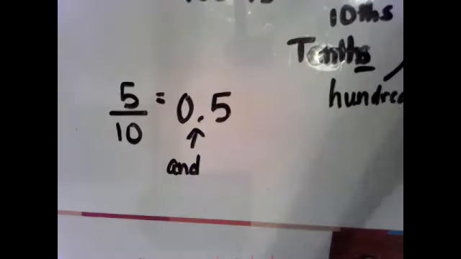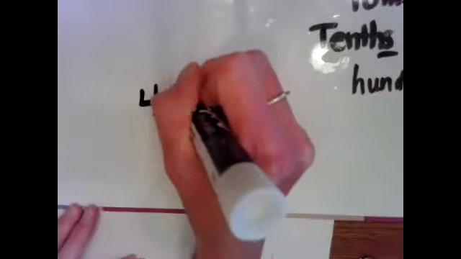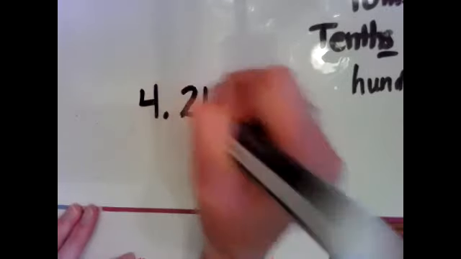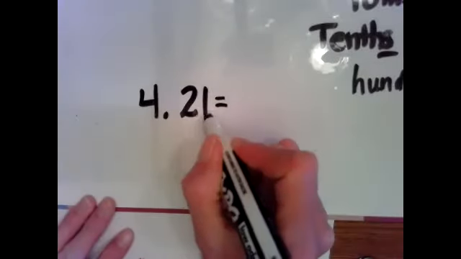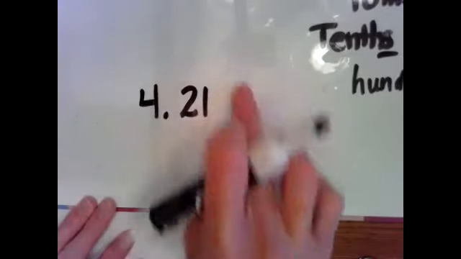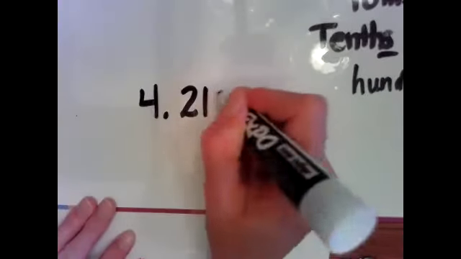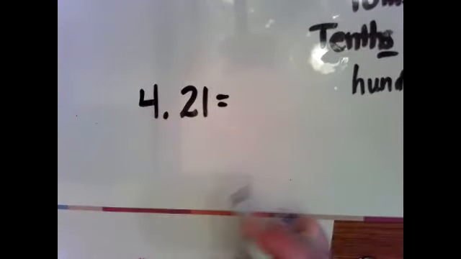Let's look at another example. Sometimes they will give us a whole number, like a new pack of markers costs $4.21. We could write that as a decimal. Oh dear me. We could go backwards. Let's write this decimal as a fraction. Okay, $4.21 for a pack of markers.